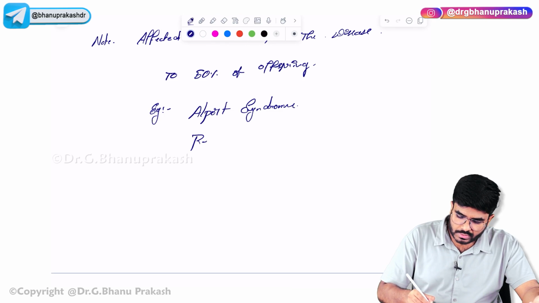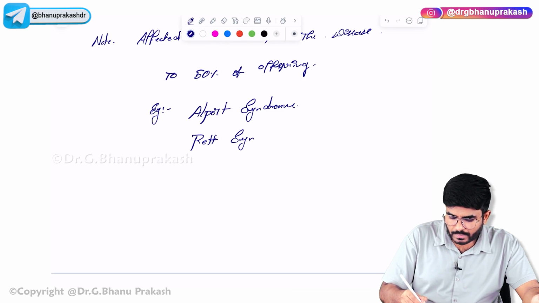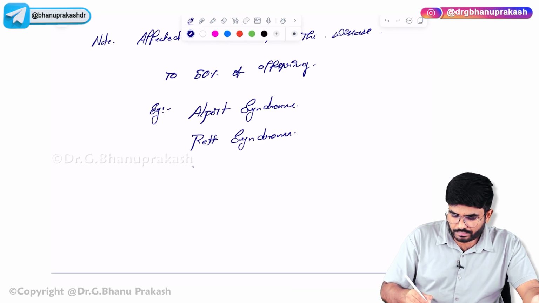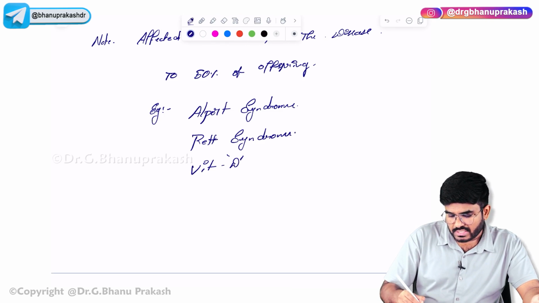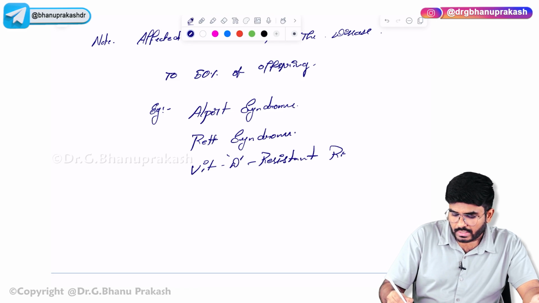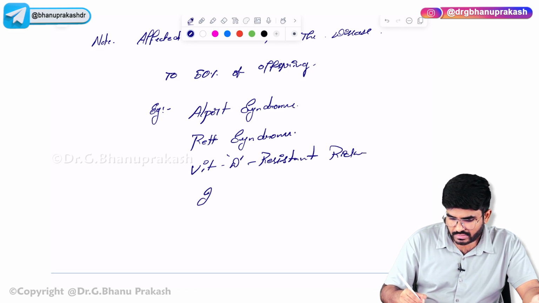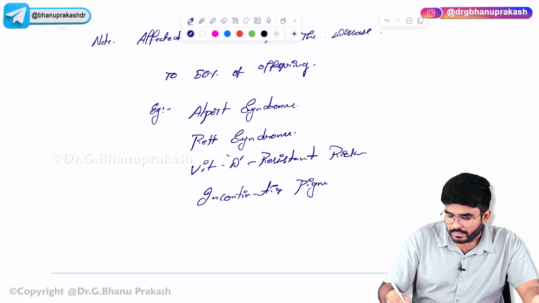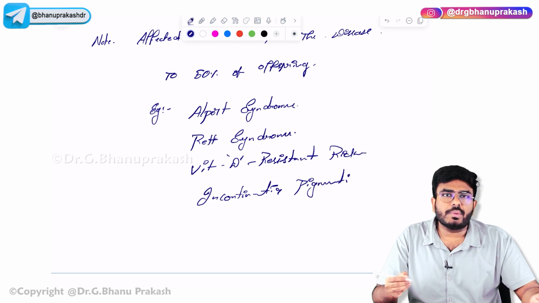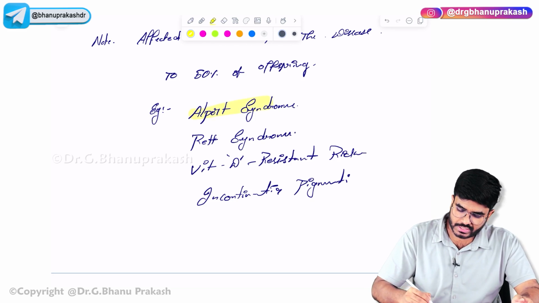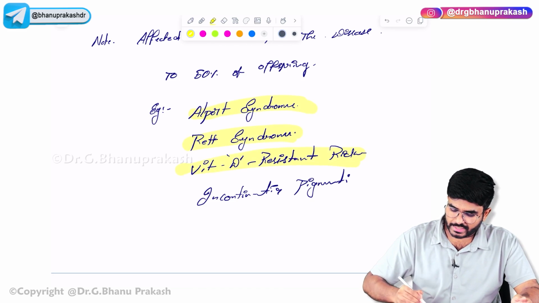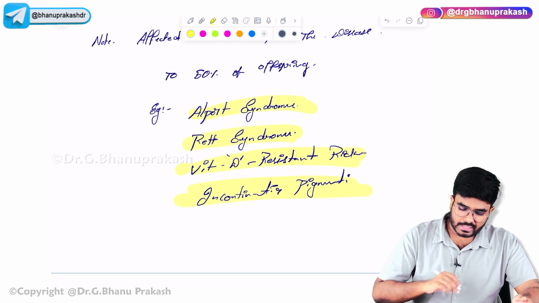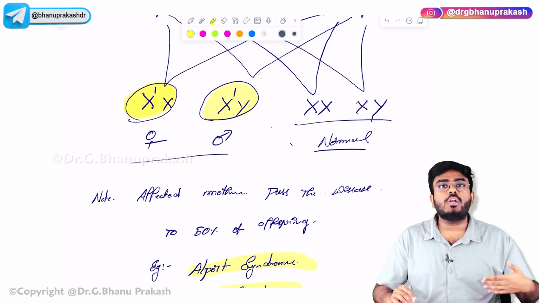Alport syndrome, Rett syndrome, vitamin D resistant rickets, as well as the last condition which is called incontinentia pigmenti. So, these conditions like Alport syndrome, Rett syndrome, vitamin D resistant rickets as well as incontinentia pigmenti, they follow X-linked dominant inheritance pattern.